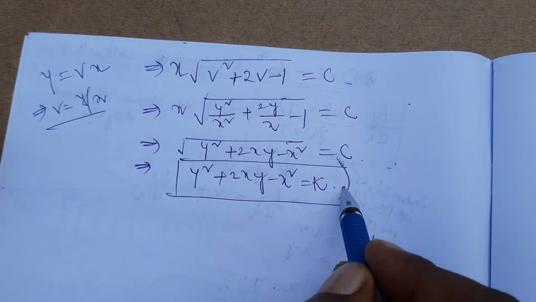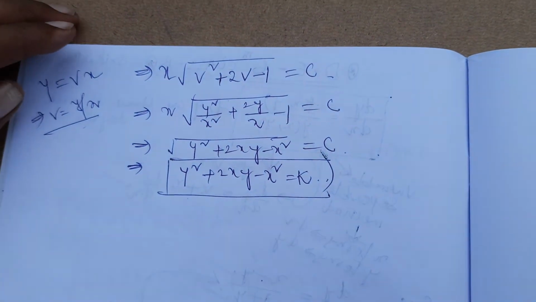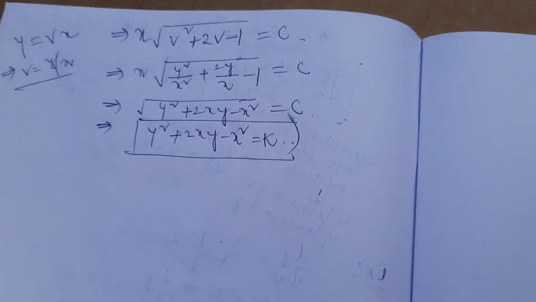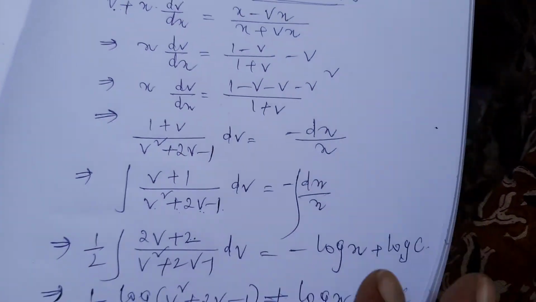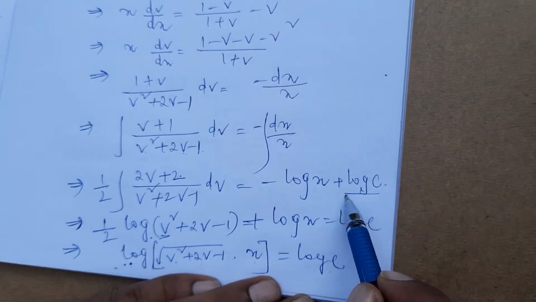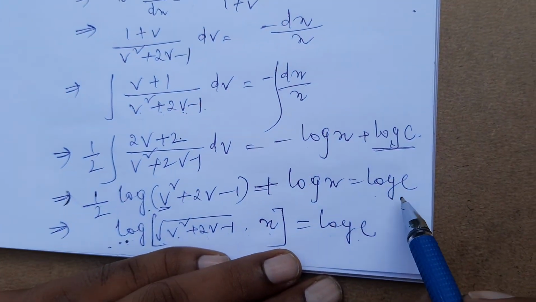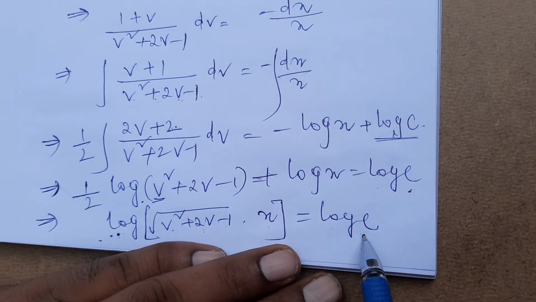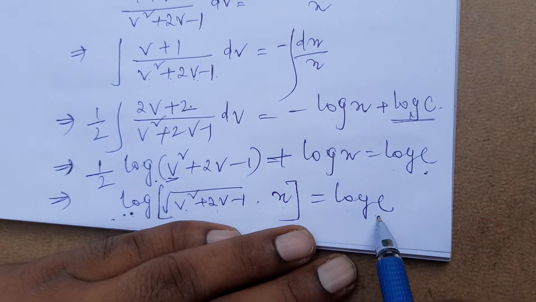So in the differential equation, one more important point is, a few students, instead of log c, they will take only c. Even that is also correct, it is not a mistake.